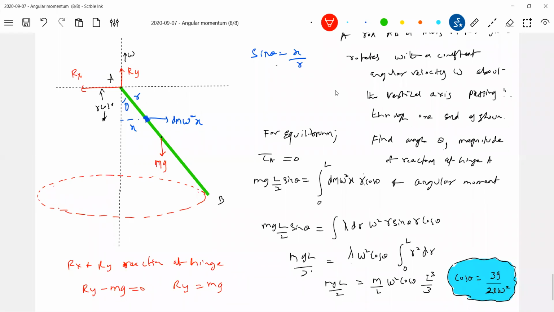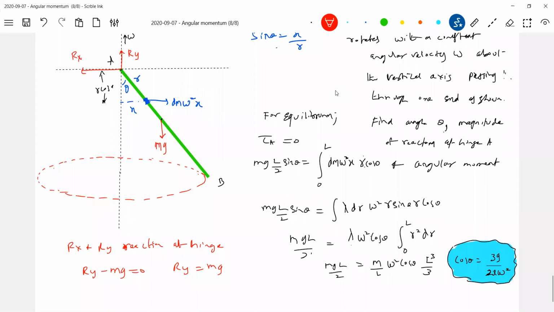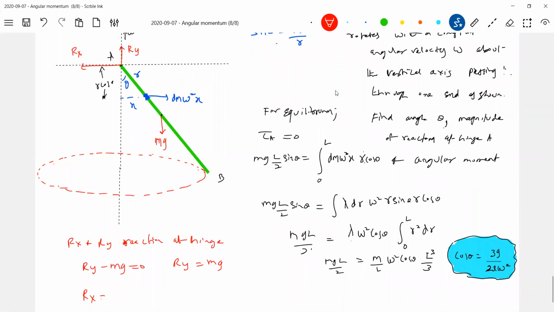How to calculate Rx? Rx is the total horizontal centrifugal force acting on the rod, the net horizontal force acting on the rod. So Rx should be equal to the integral of dm omega square x, the component of that, dm omega square r sin theta.